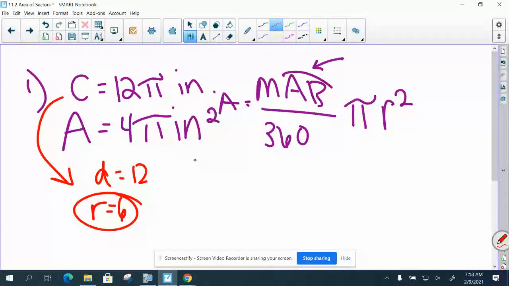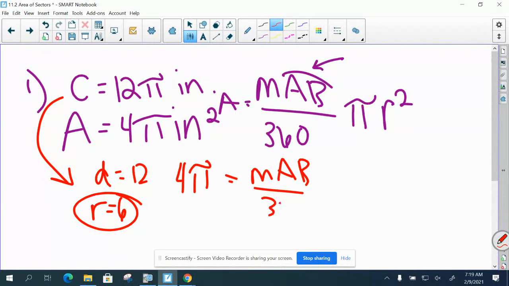So now we're going to plug in the rest of our information and work backwards to get the measure of the arc. So we'll have 4 pi equals the measure of the arc over 360 times pi times r squared, which would be 36. All right, so the pi's cancel. There are a couple ways you could go about this. You could divide both sides by 36, or you could multiply by the 360.